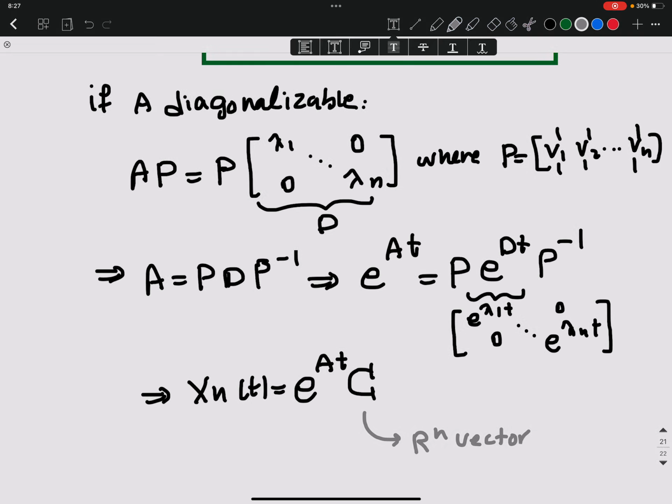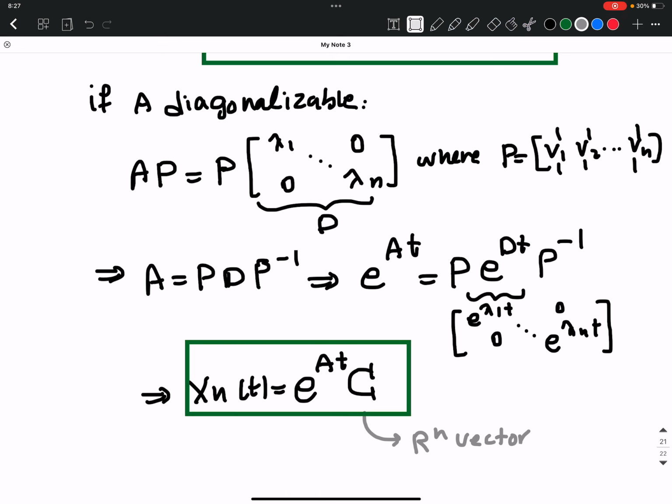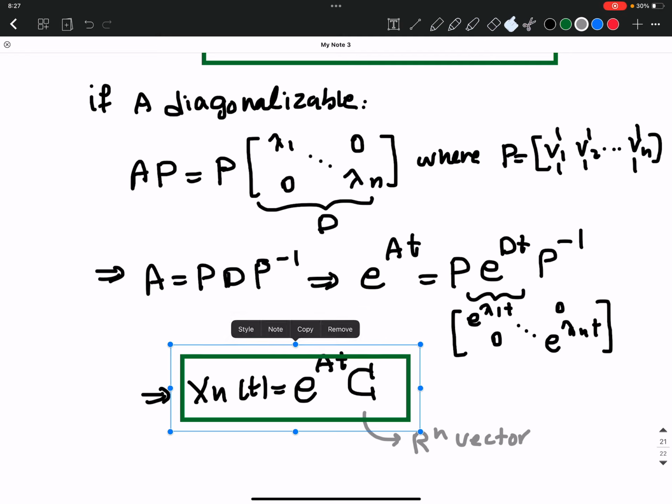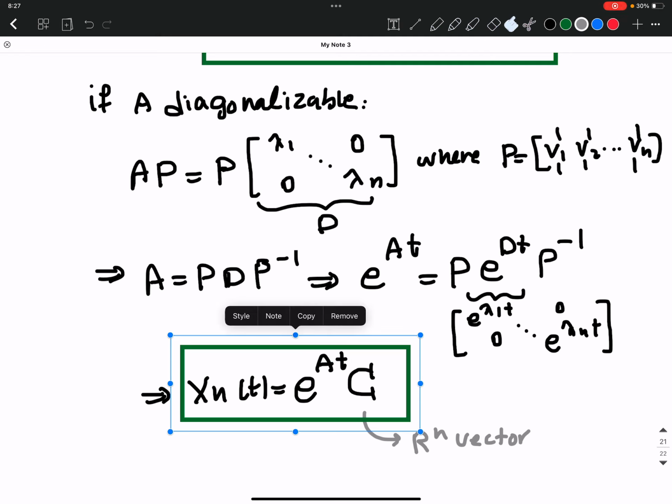And so this is a matrix representation of my homogeneous solution.